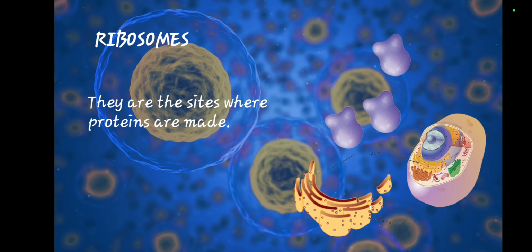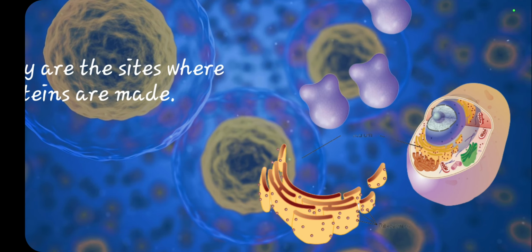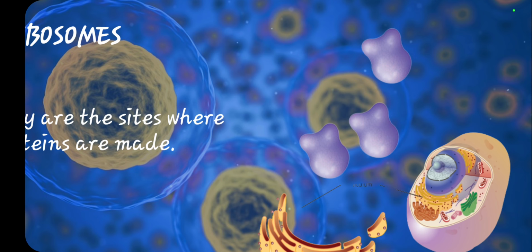When I say it is a site where proteins are made, or a part of a cell where proteins are made, basically it is called a ribosome. Very simple, very easy to define. Always remember that one. And this is the illustration or picture appearance of the ribosomes.